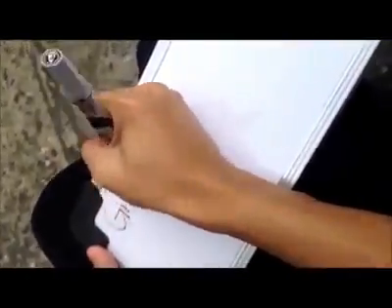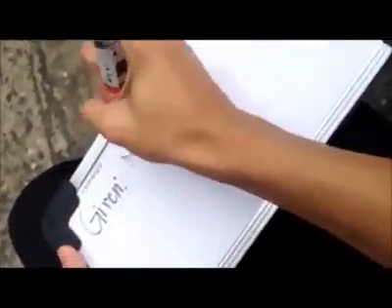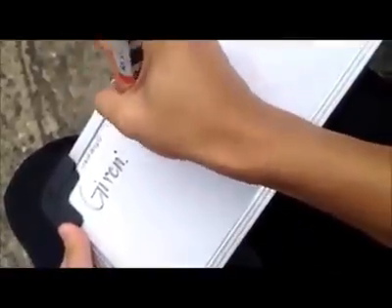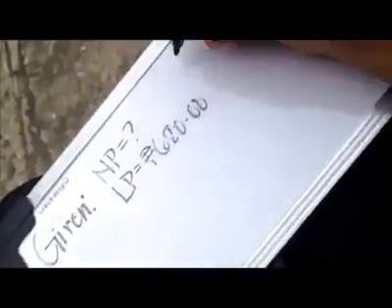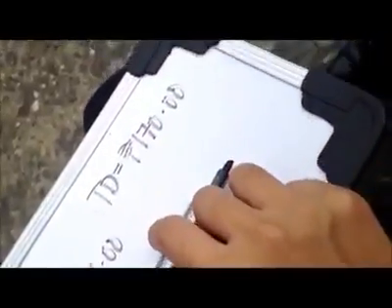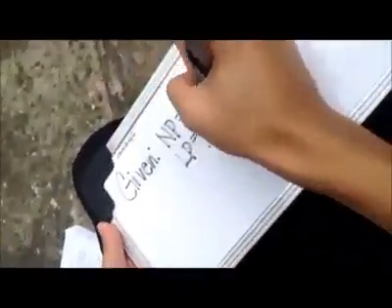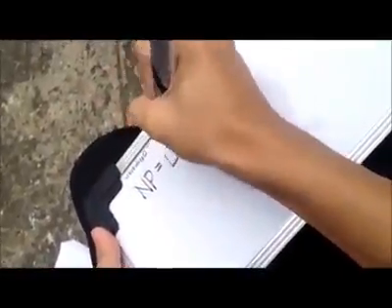Now that we already have our trade discount, we can now solve for the net price. Again, net price is being asked. We have a list price of 680 pesos and a trade discount of 170 pesos. So how do we solve for the net price?